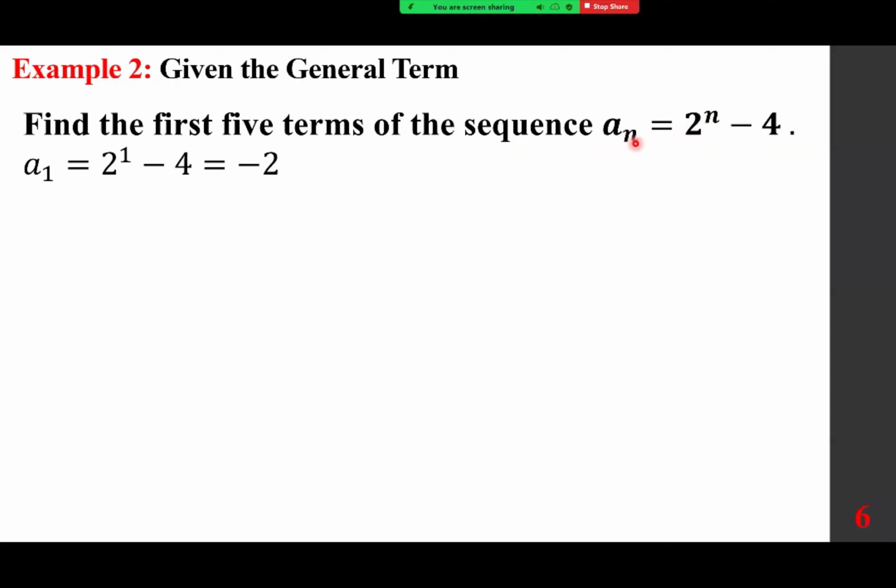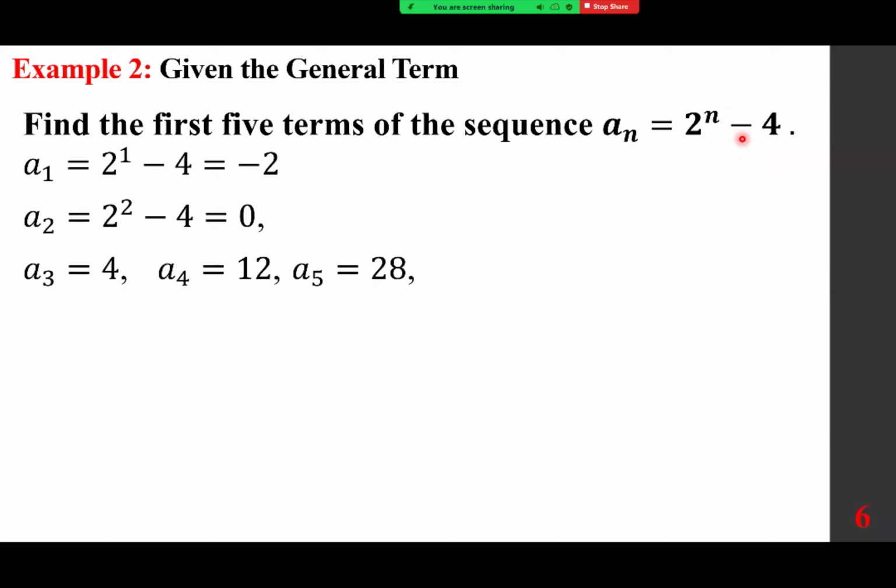Replace this one with 2, replace this one with 2. You get 2 squared, 4 minus 4 is 0. If you can do 2, you can do more. If I want number 3, 2 cubed, 8 minus 4 is 4. And the rest of it. And these are the 5 terms. Negative 2, 0, 4, 12, 28.